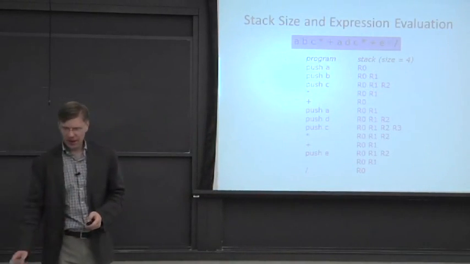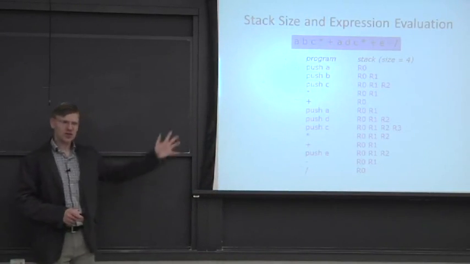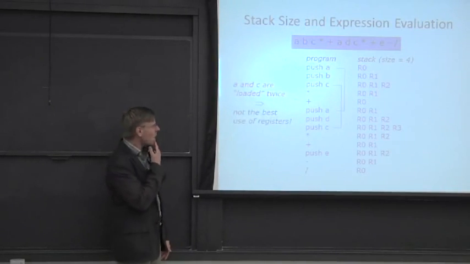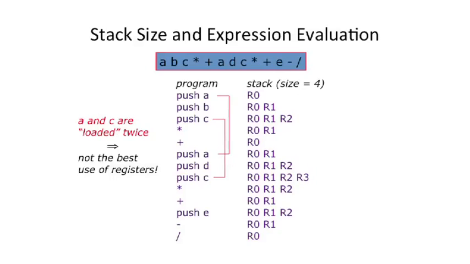So to sum up here about stack-based machine models, they look pretty cool, but not all things are great at all times. So one of the interesting things here to see is we actually push A, and we push A again. So we're doing redundant work. And we push C, and we push C again. C and A had the same value both times we pushed them.